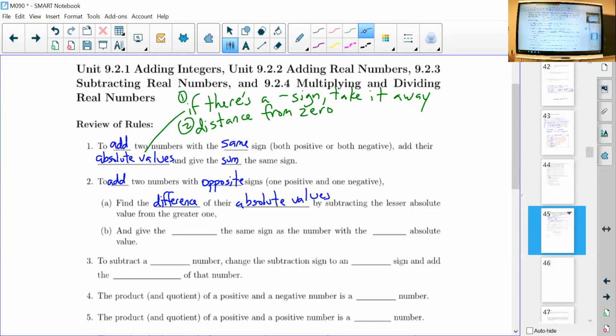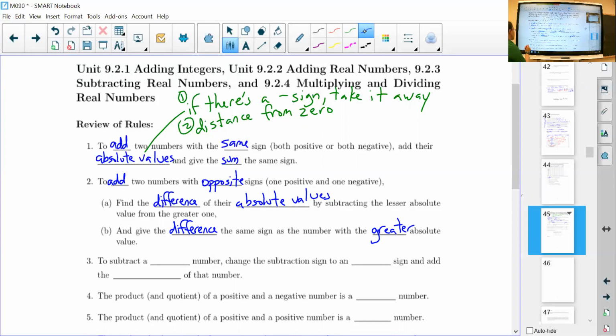By subtracting the lesser absolute value from the greater one. So take the little one away from the big one. And then we're going to give the difference the same sign as the number with the greater absolute value. And again, we'll get examples of all of these.